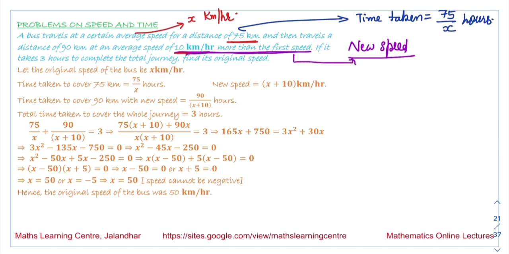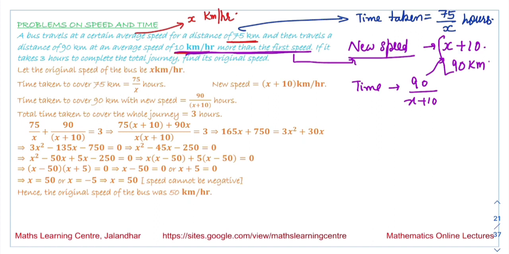So the new speed for the bus is x plus 10, and the distance it is traveling is 90 kilometers. So the time taken will be 90 over x plus 10.